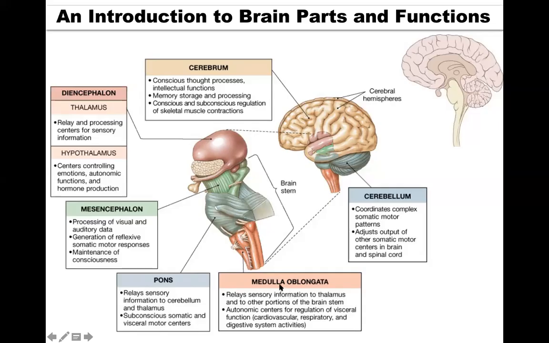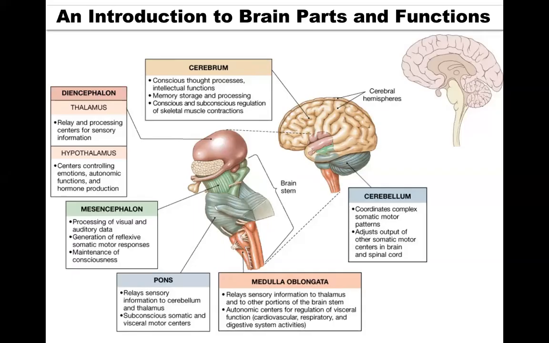Next comes the medulla oblongata. It is a relay center for sensory information, as we just learned what sensory information is. It takes up the sensory information and transmits it to the cerebrum, this part here, where mainly all the control is going on. Another major function of the medulla oblongata is that it is a regulatory center, regulating cardiovascular, respiratory, and digestive system activities.